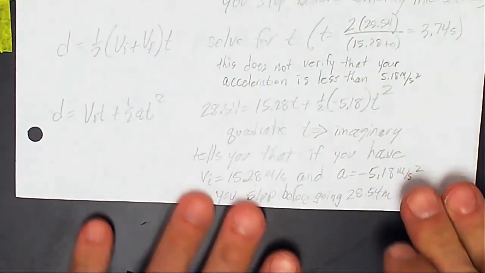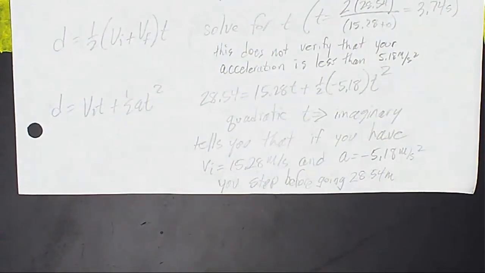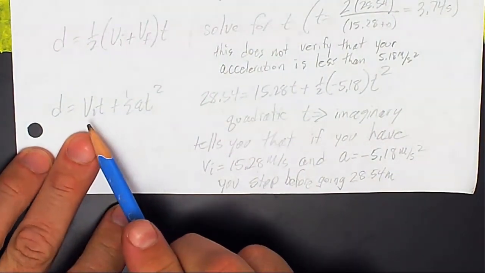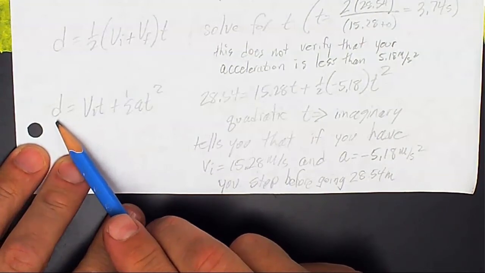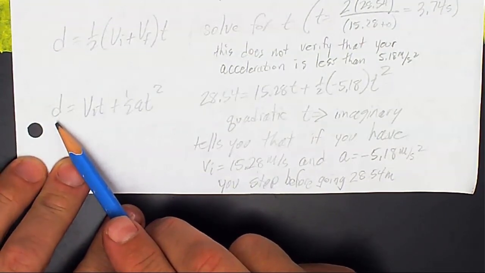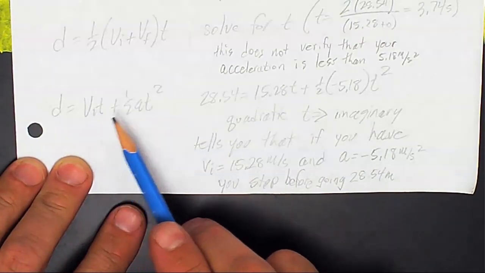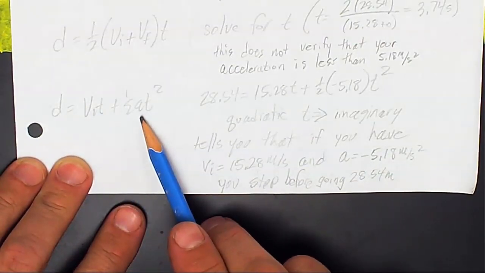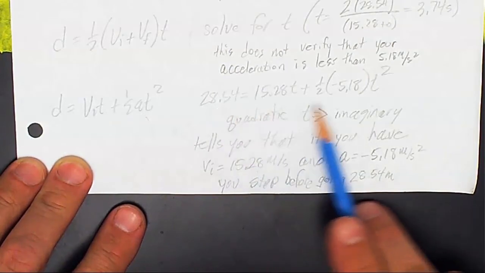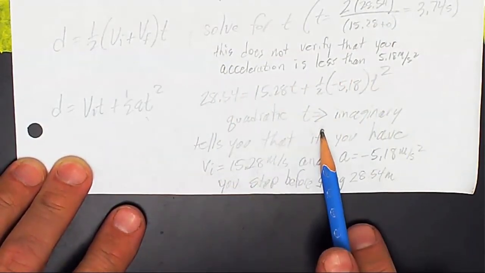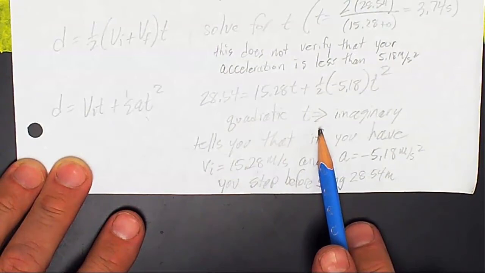And then the last part, the last equation, could we use that fourth equation, this one? And so if my displacement is 28.54, the most distance I can use, 15.28 initial velocity, and 5.18 maximum acceleration. If I plug all those numbers in, I find out that this quadratic gives me an imaginary answer for t.